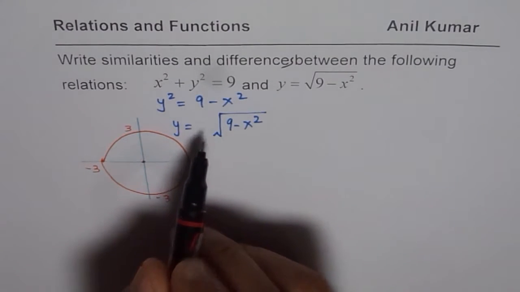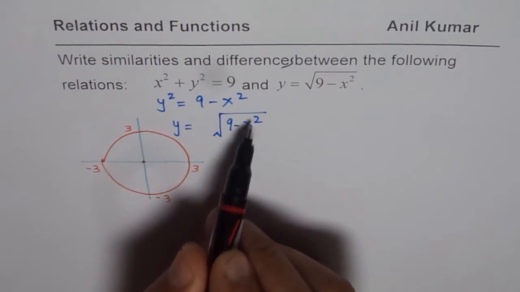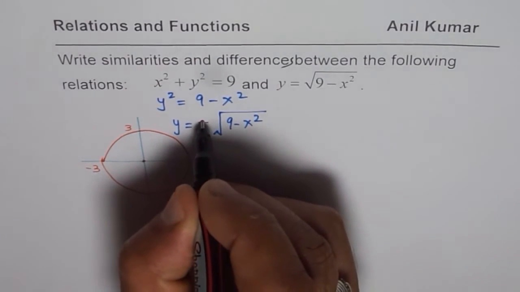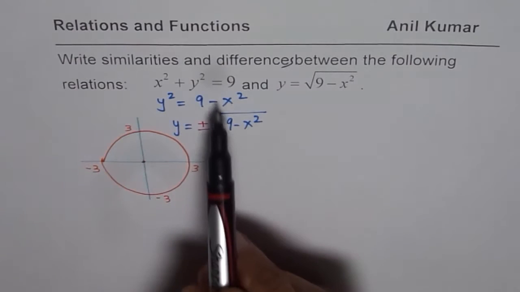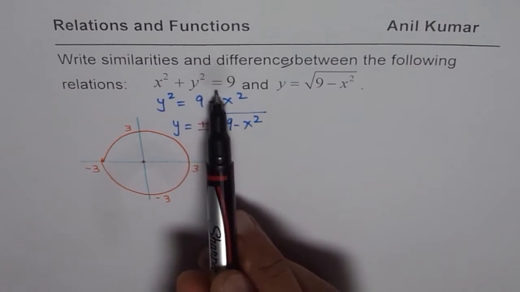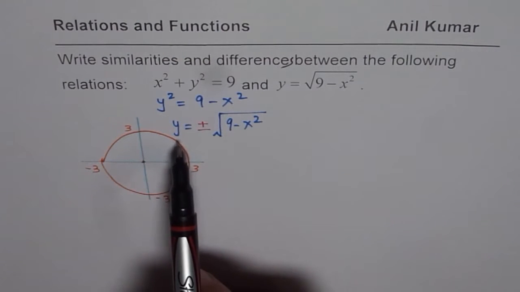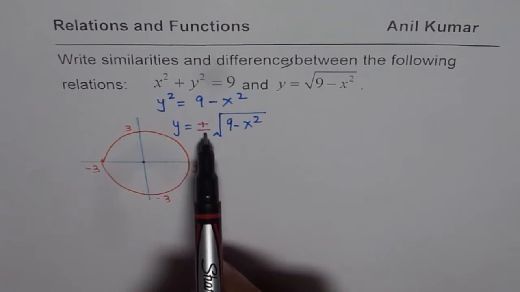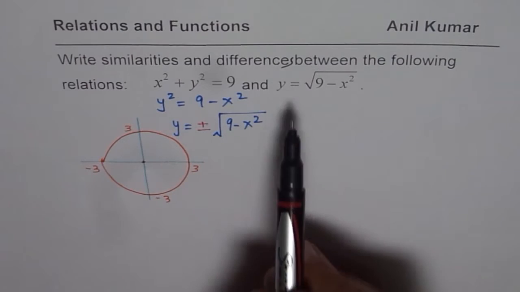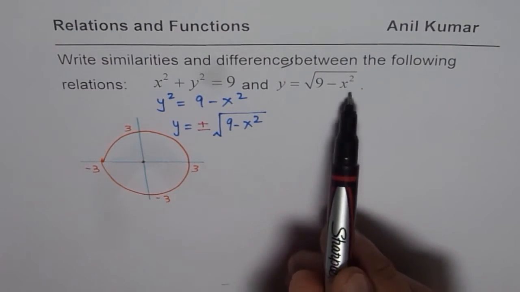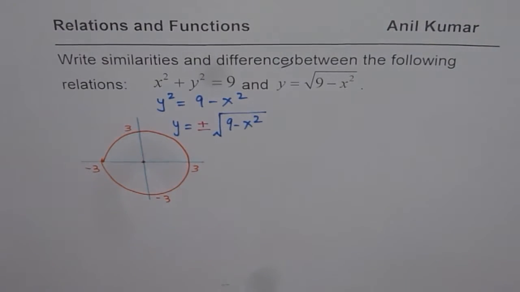The mistake here is whenever you square root, you should have two values, plus and minus. So this relation x squared plus y squared equals 9 results in y equals plus and minus square root of 9 minus x squared, not y equals square root of 9 minus x squared, right?